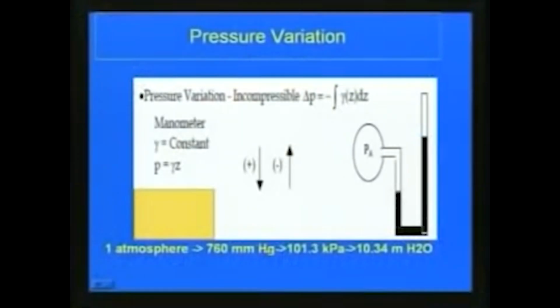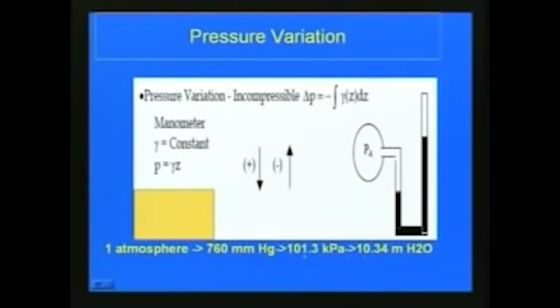Now we have seen the pressure can be the gauge pressure or absolute pressure, and then the atmospheric pressure. One atmosphere of pressure is defined as 760 millimeter of mercury, or 101.3 kilopascal, which is equivalent to 10.34 meter of water column.